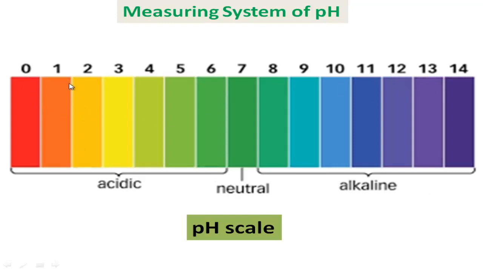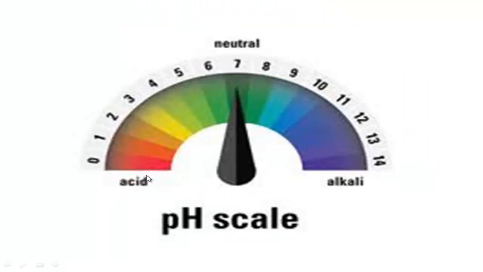From 0 to 6.9 is actually acidic, 7 is neutral, and from 7.1 to 14 is the value of an alkaline substance. So this is known as the pH scale, and the pH scale range is 0 to 14. Also the pH scale looks like this. This is also a pH scale form.